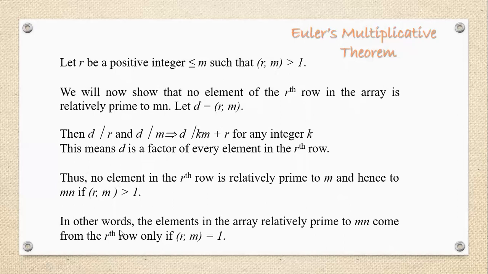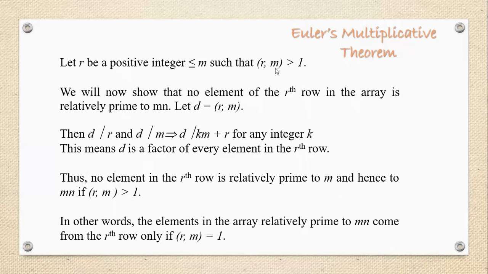So what is the conclusion here? I am proving there is no element relatively prime to m, hence to mn. So there is no element relatively prime in that row. That is the conclusion. In other words, the elements in the array relatively prime to mn come from the rth row only if GCD of r and m is equal to 1. Initially, what was the first statement?